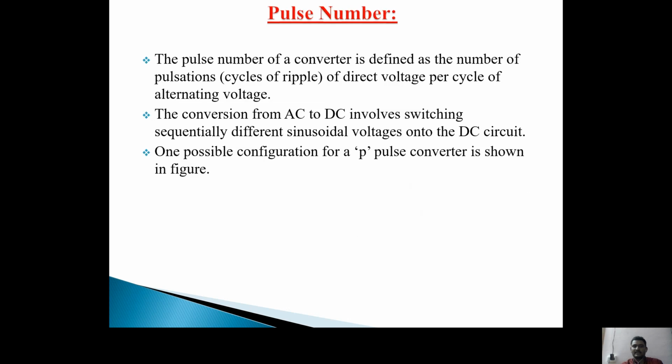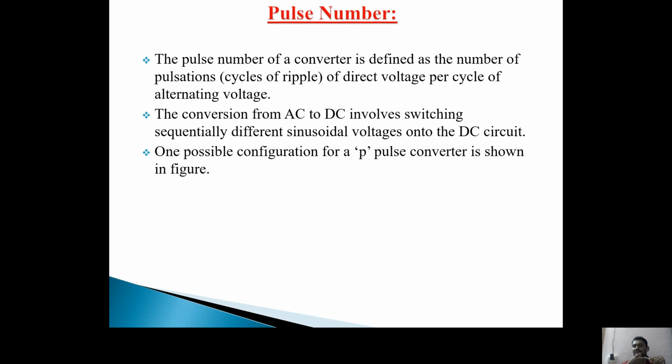So next, coming to the basics. If you want to know the choice of converter configuration, we have some requirements. Firstly, we have to know about the PIV, peak inverse voltage. Secondly, the pulse number P. Next, the valve rating or valve utilization factor.